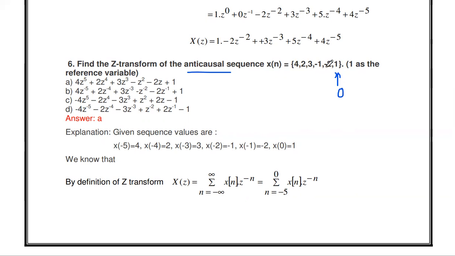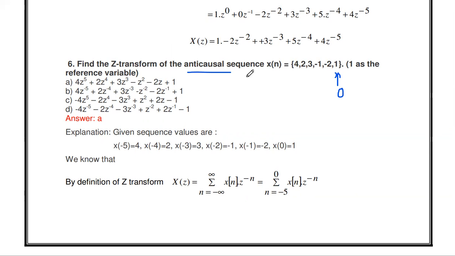The minus 2 is the x of n value at n equal to minus 1. This is n equal to minus 2, this is n equal to minus 3, minus 4, minus 5. So the x of n is fully available in the negative axis, so the sequence is said to be an anti-causal sequence.